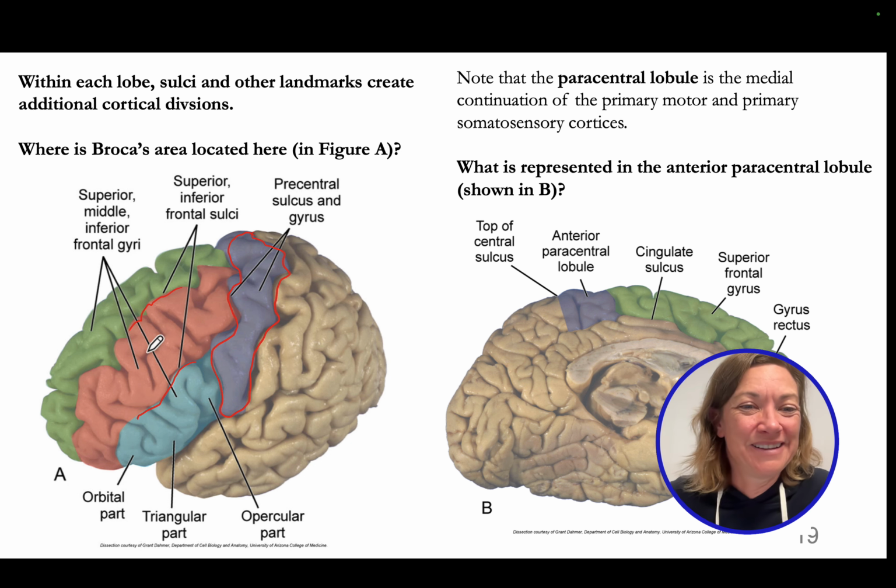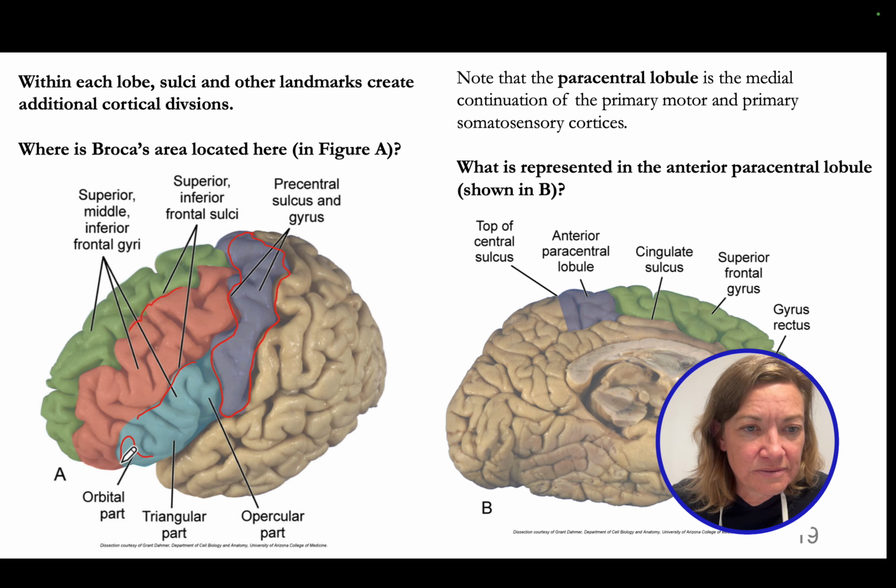And there's even another set of divisions. The inferior frontal gyrus has three named parts. The orbital part, which is near the eyes, so the most anterior part. The triangular part, which is usually taken as straddling this sulcus here. This is not a perfect depiction. And the opercular part, which covers the edge of the lateral sulcus.